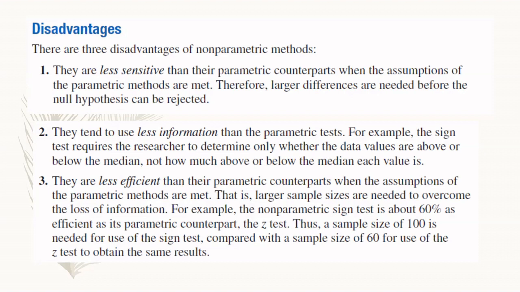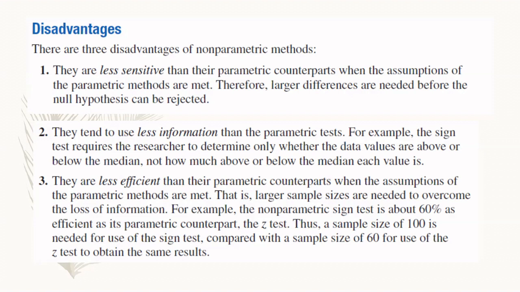Unlike sa parametric na marami siyang ginagamit na information. For example, ginagamit niya yung estimated mean, yung standard error, yung sample size, yung degree of freedom, yung distribution itself. So maraming information. Since we use many information, possible na mas ma-detect natin na difference. And then the third one is less efficient pag non-parametric.